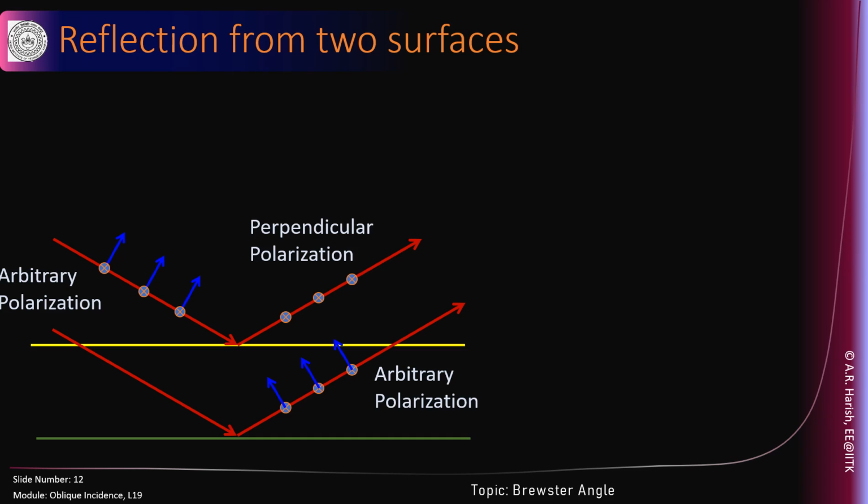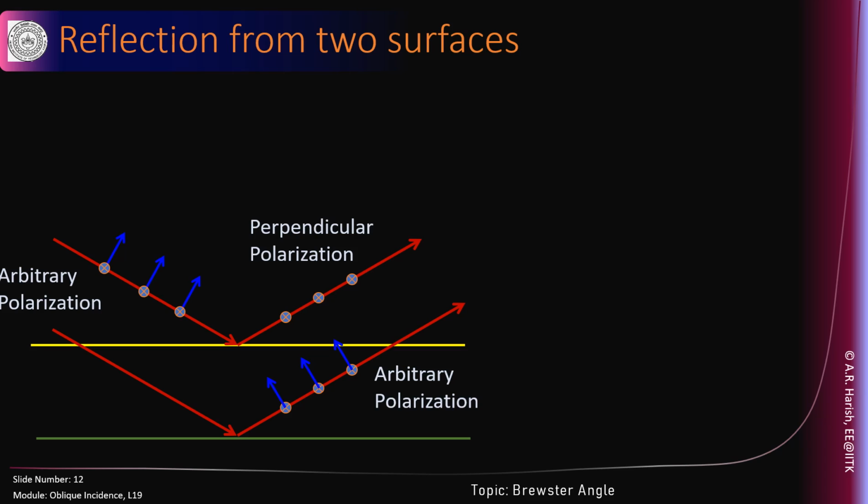The bottom surface, that is the green trace, whatever is reflected is arbitrarily polarized because that particular surface doesn't have the properties required to create the reflection coefficient which suppresses one component of polarization. Therefore, the angle of incidence for the top glass surface is such that it is at the Brewster angle. Therefore, the reflected light is perpendicularly polarized.